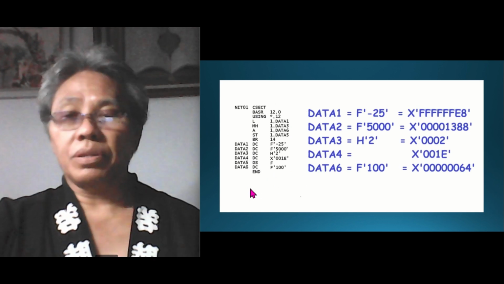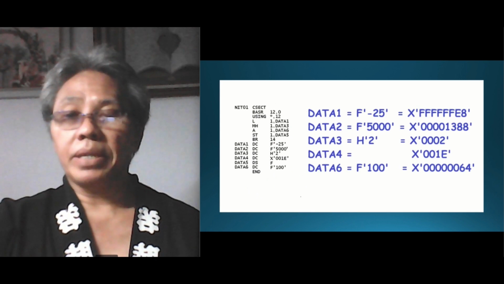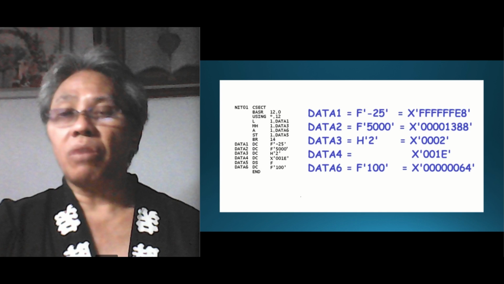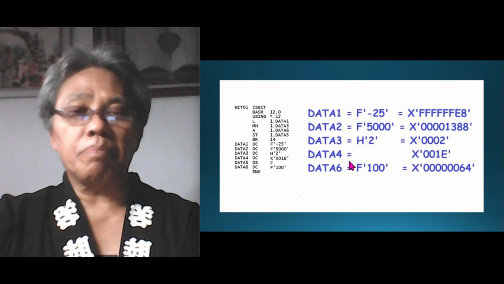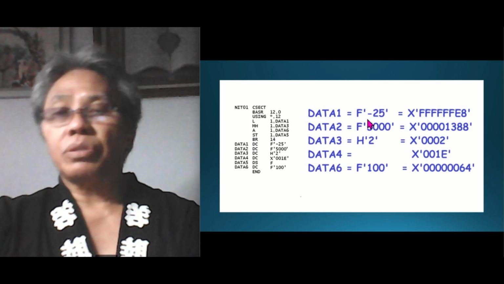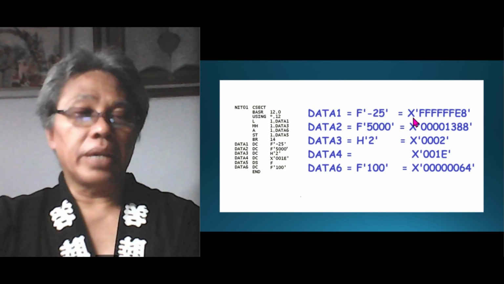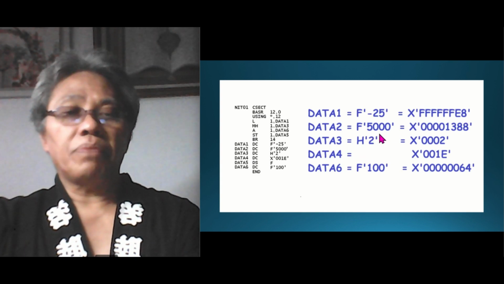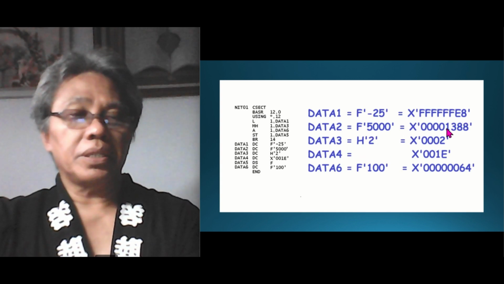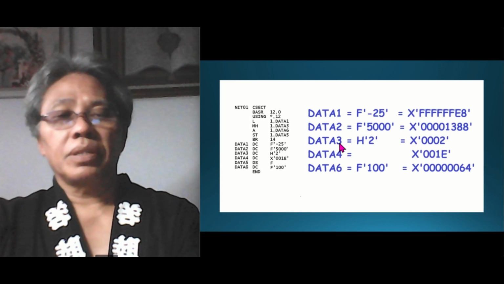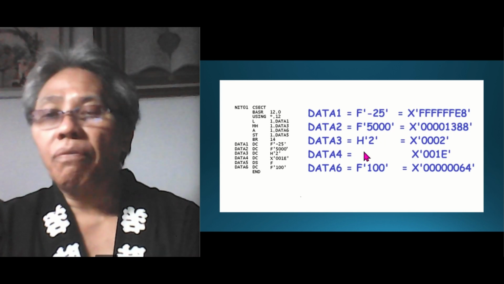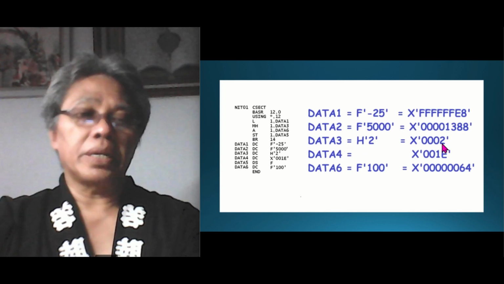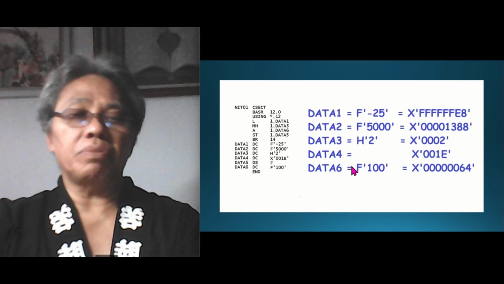Data 5 is full word, 4 bytes, with alignment of 4, and the other input data 1 equals minus 25 in hexadecimal will be like this. Data 2 is 5000, here in hexadecimal. Data 3 is half word, 2 bytes, in hexadecimal 0002.